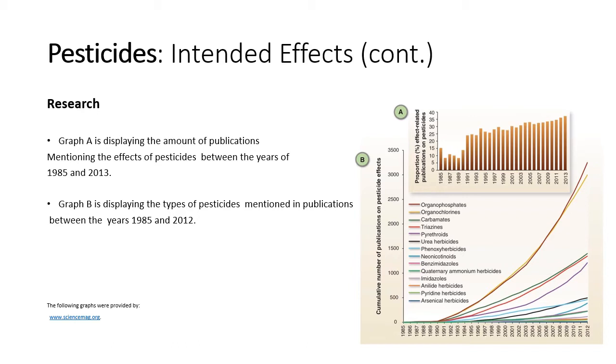And then in graph B, we can see the two types of pesticides, the organophosphates and organochlorines, which seem to be the most heavily used and the most useful, as their lines on the graph show that their effects are heavily mentioned as the years continue.